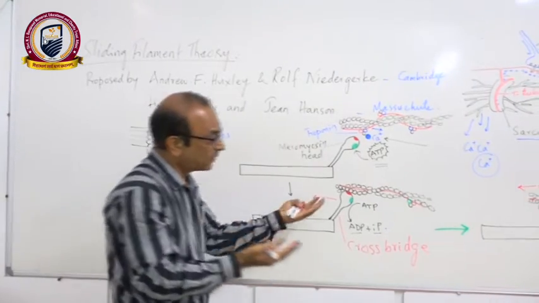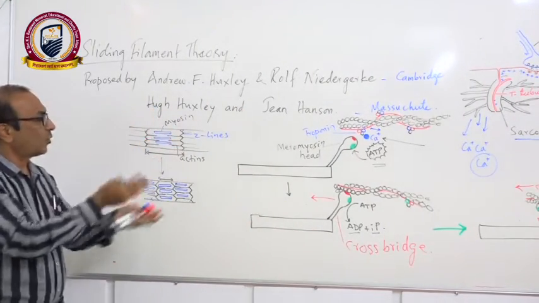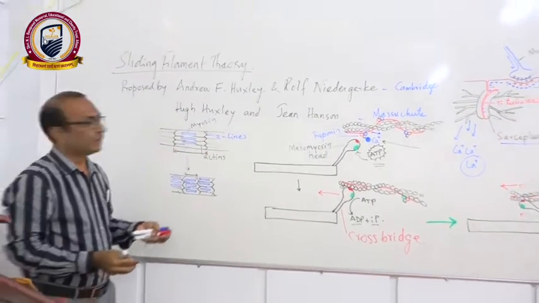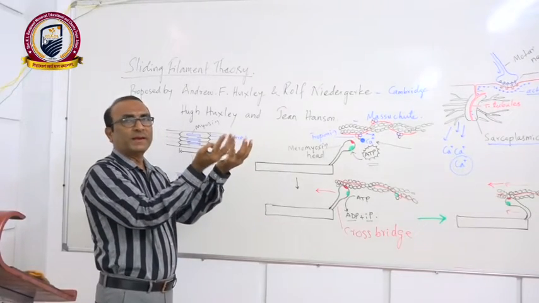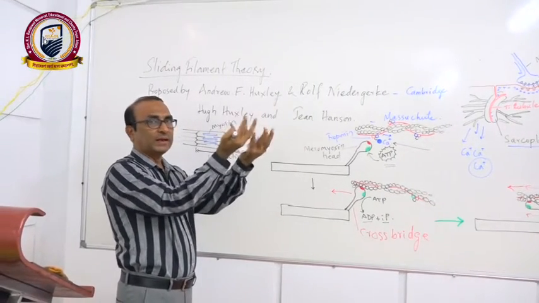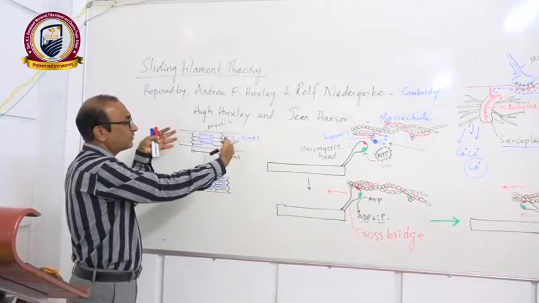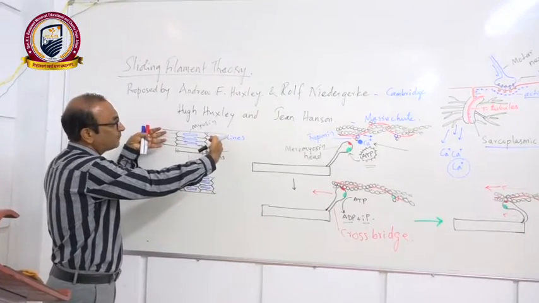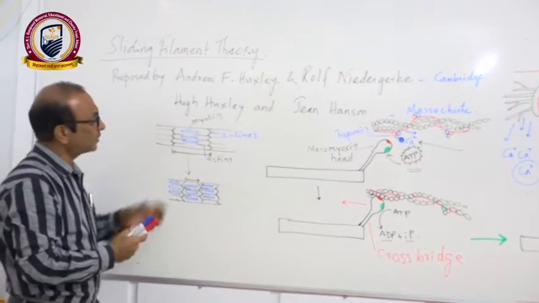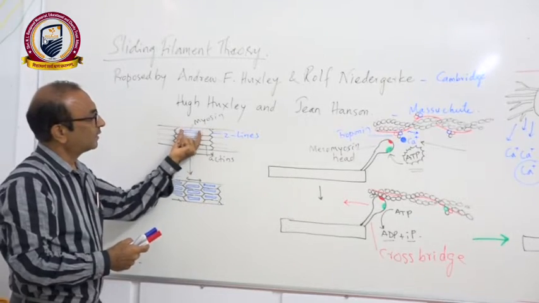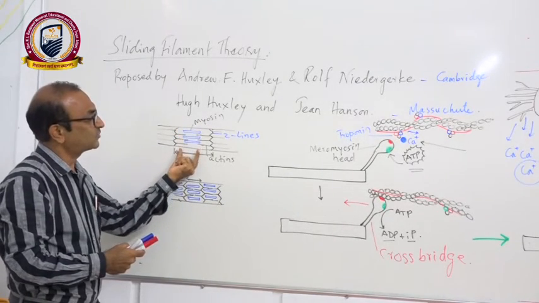These heads of the myosin, there are so many heads all along the surface of the myosin molecules. So all these will be making contacts and pulling the actin filaments inward. So that is how the actin filaments from both the sides start moving towards the center of the H zone.